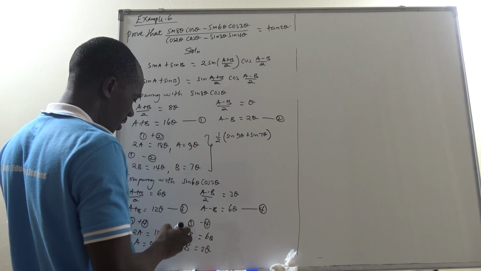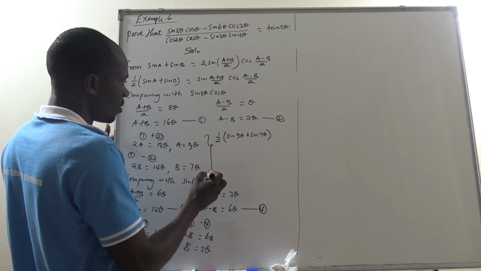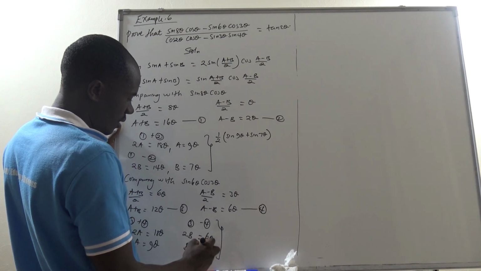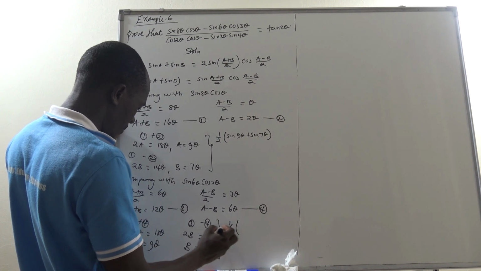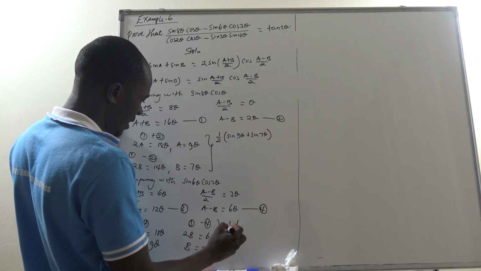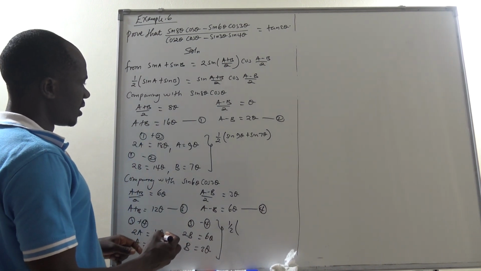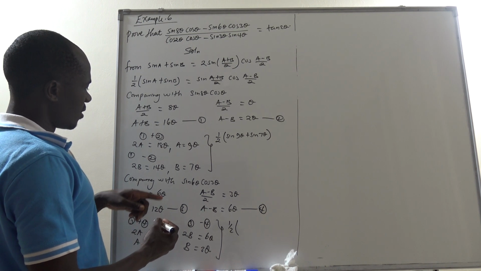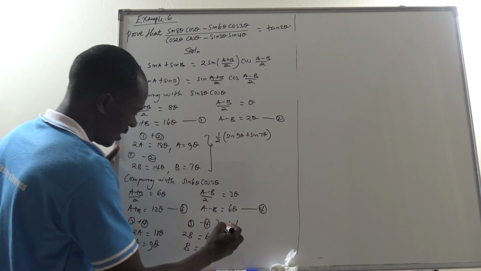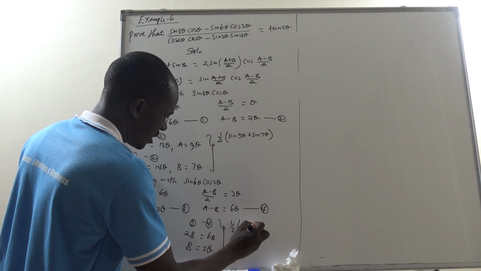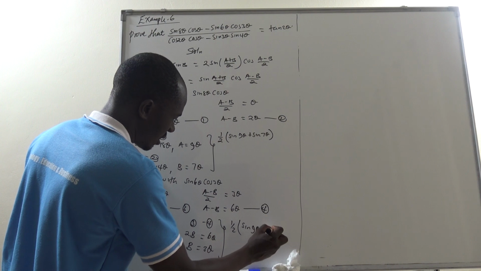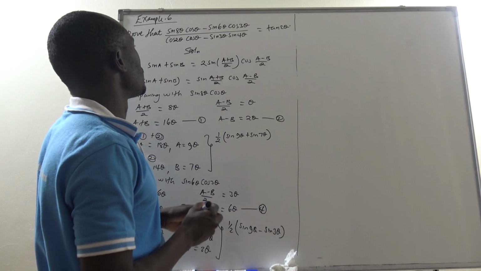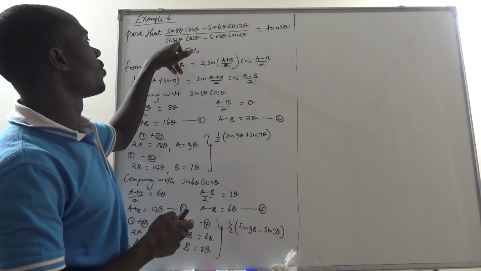We also come to another one, and after writing this one, we shall have a half into sin 9θ. After calculating here, we are having sin 9θ minus sin 3θ.